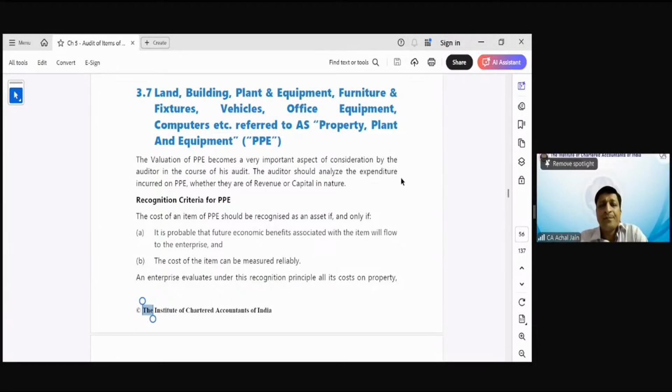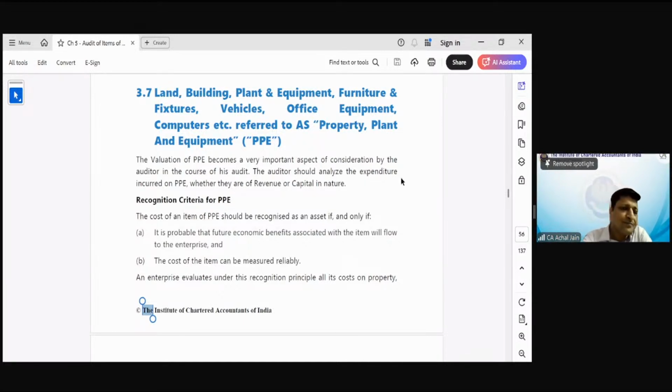We'll have to get into the accounting standard related to PPE to understand the measurement criteria, the recognition criteria, what all cost components are there, and any disclosure requirements.